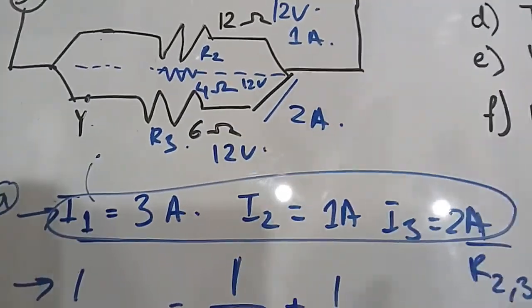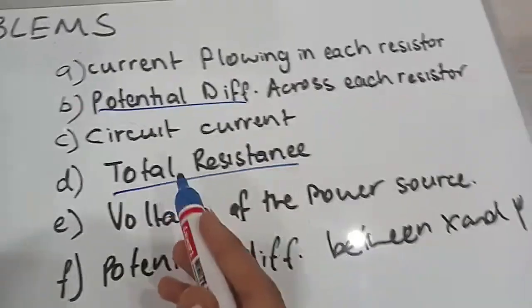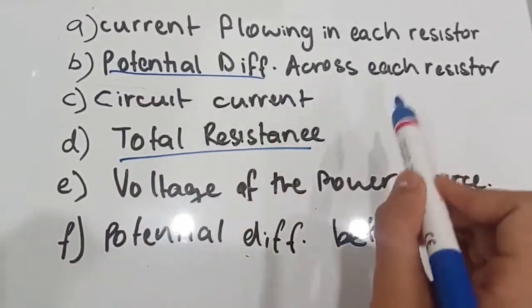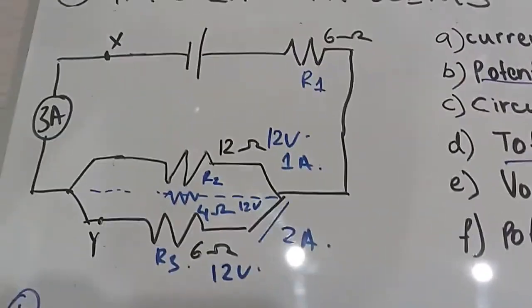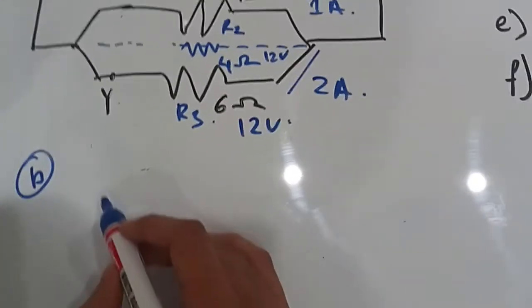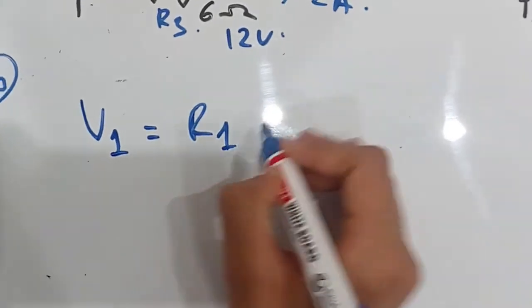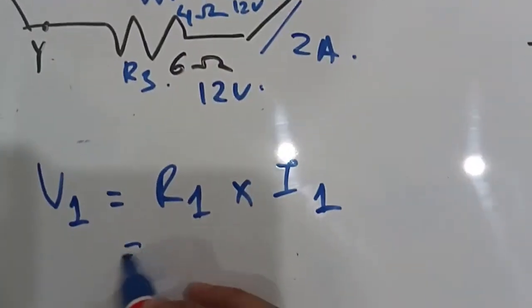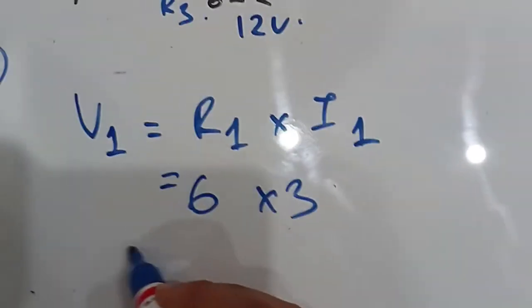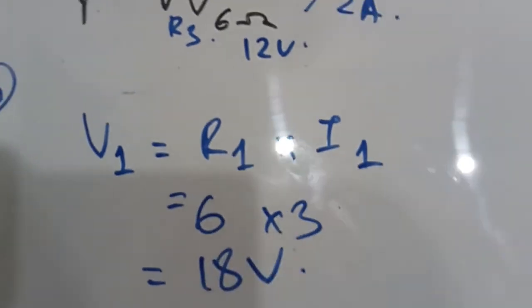Boom. Okay, next question. What is the potential difference across each resistor? Let's look at resistor 1. To calculate the potential difference, we use Ohm's law. Voltage 1 equals resistance 1 multiplied by current 1. We know the resistance, 6 ohms, and we know the current, 3 amps. 6 multiplied by 3 is 18 volts.